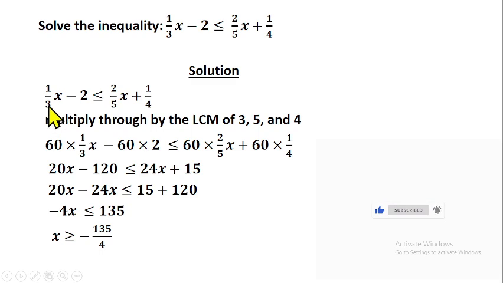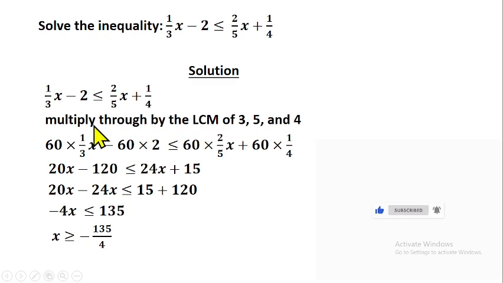So the denominators are 3, 5, and 4. Then look for the LCM of 3, 5, and 4. What is the LCM of 3, 5, and 4? When you find the LCM, you multiply through: multiply this one by the LCM, this one by the LCM, this one by the LCM, and this one by the LCM as well.